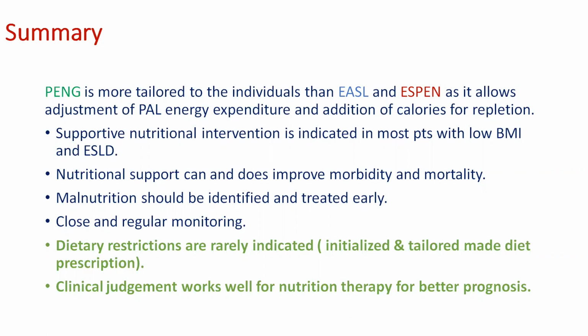See where the patient falls in the clinical category, then take the history and decide if the patient is really obese or really malnourished. Accordingly, you can combine the guidelines. PENGE guideline is more tailored to the individual than EASL and SPEN, as it allows adjustment of PAL, energy expenditure, in addition to the calorie for replacement or replenishment condition.